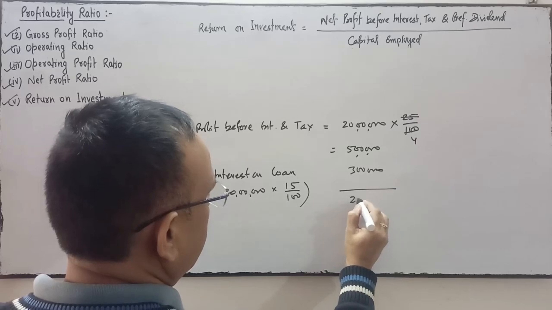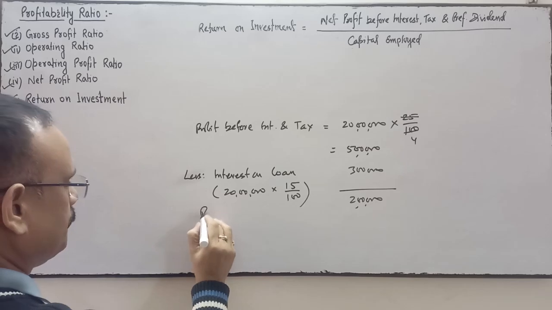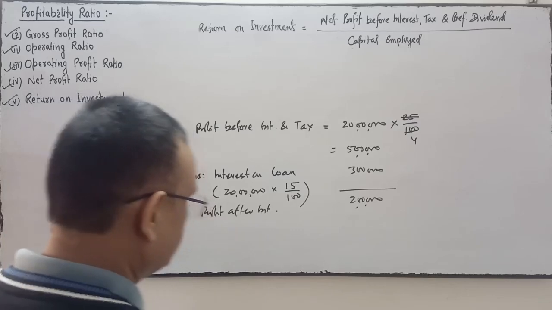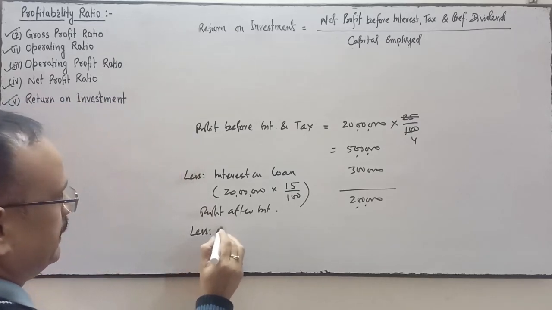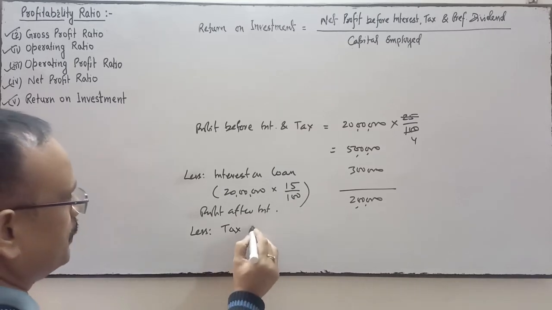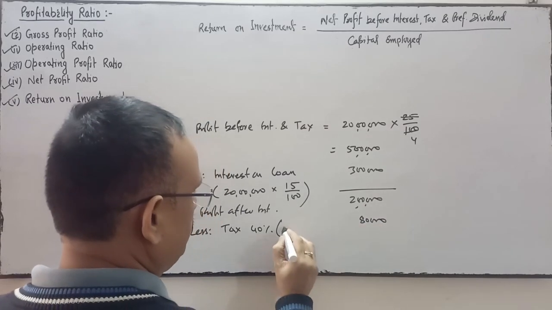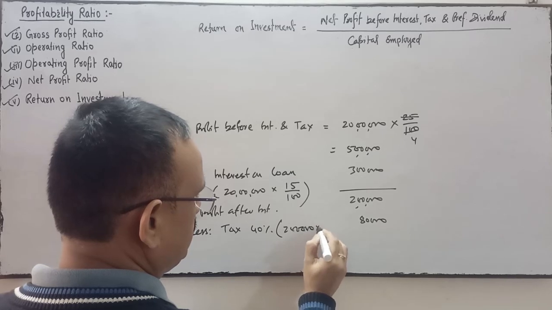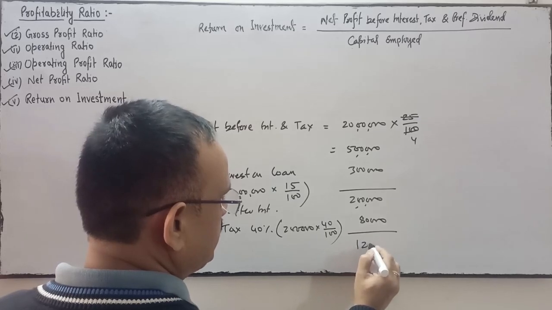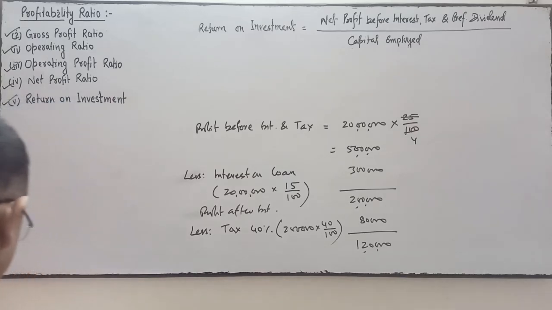So deduct it, 2 lakhs is the net profit after interest because of this loan component, less tax. Tax is 40%. So 40% of 2 lakhs is 80,000. So 1,20,000 is the return after all these things.